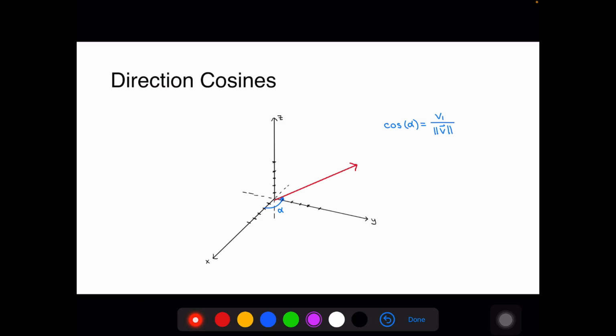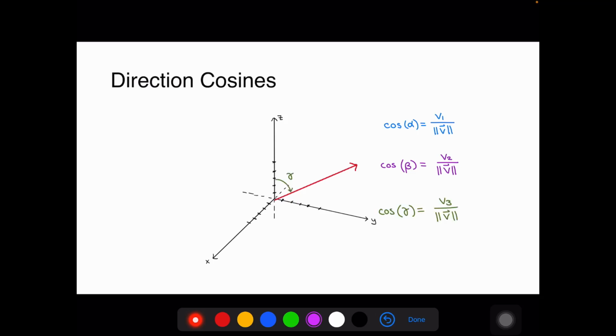And we can do something similar with the other axes. I'm going to define angle beta to be the angle between the y-axis and vector v. So using similar reasoning, cosine of angle beta is our y component divided by the magnitude of vector v.